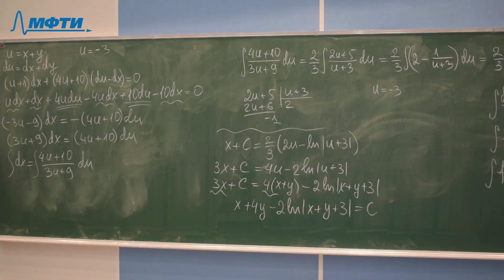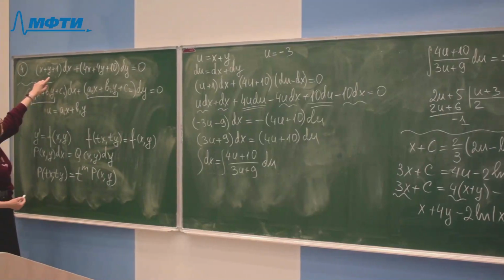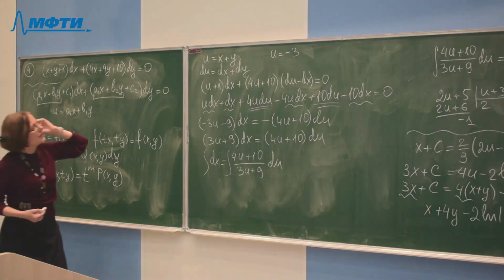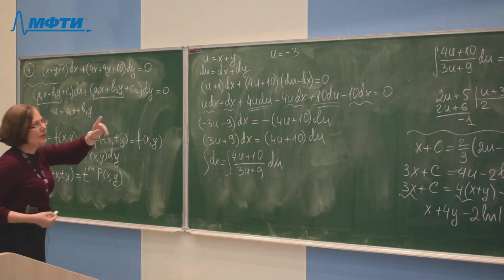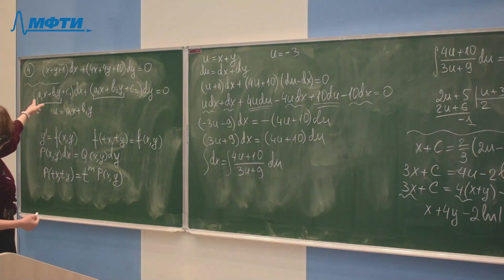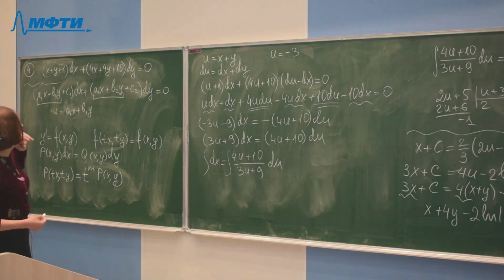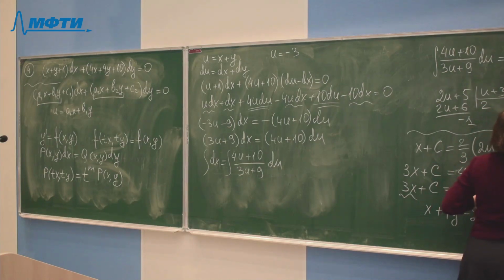What about u equals -3? So then, if u is equal to -3, this corresponds to the solution x plus y equals -3.